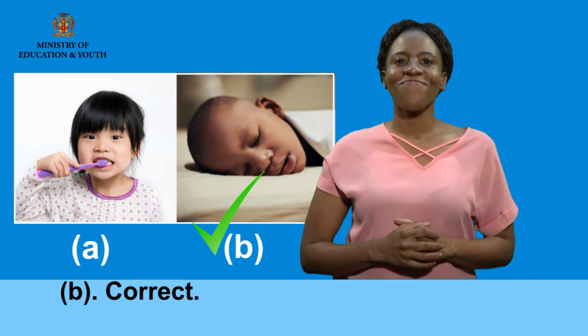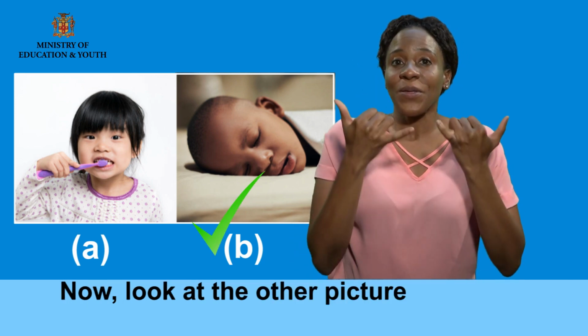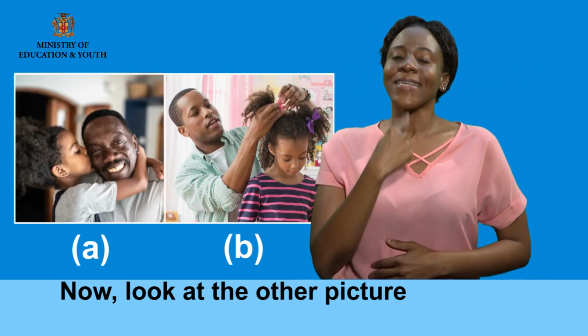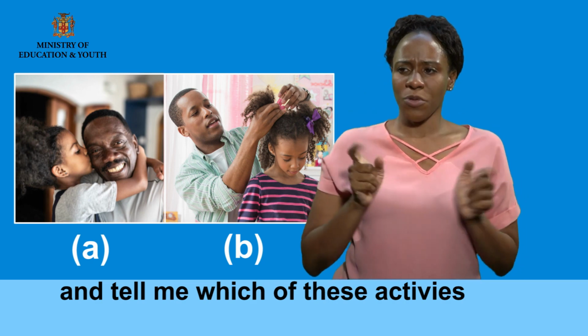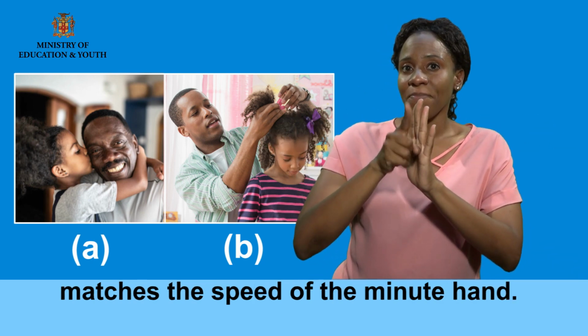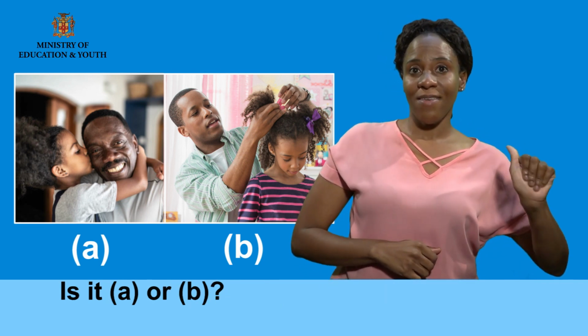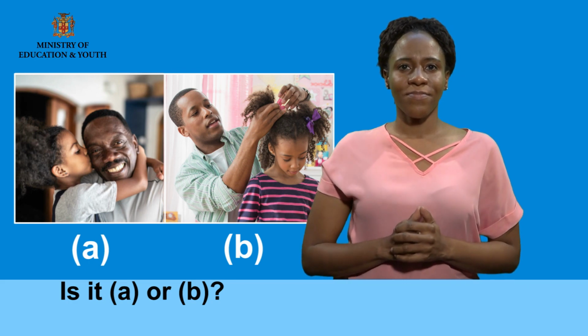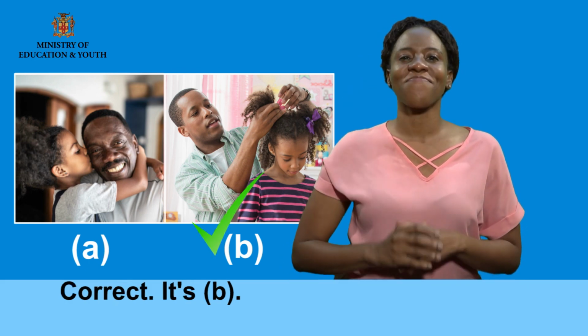B, correct. Now, look at the other picture and tell me which of these activities matches the speed of the minute hand. Is it A or B? Correct, it's B.